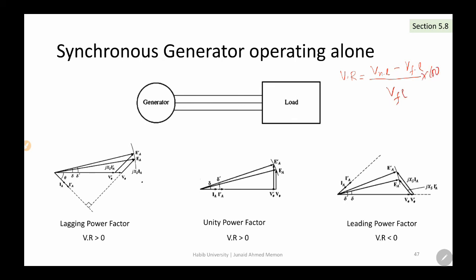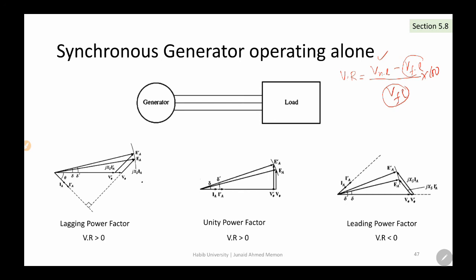When we have a lagging load, which is the lagging power factor, the voltage regulation will be greater than 0, and also for the unity power factor, voltage regulation will be greater than 0, because in both cases when you increase the load, your terminal voltage will be decreasing. It means the no-load voltage will always be greater than V full load, and that's why you have a positive voltage regulation.